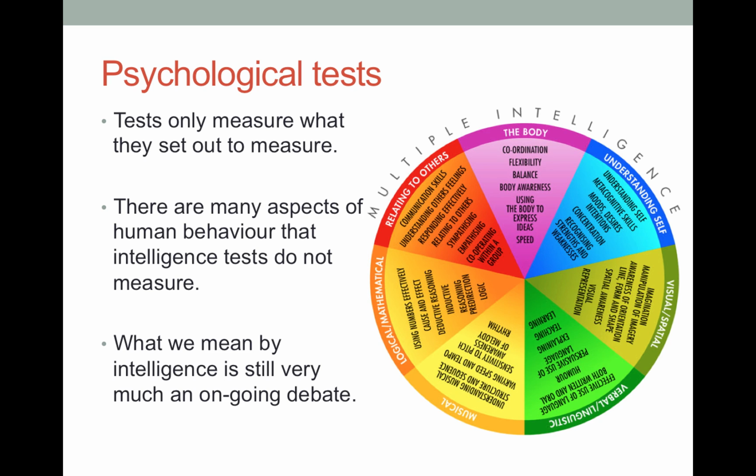For example, Howard Gardner introduced his theory of multiple intelligences. According to Gardner's theory of multiple intelligences, each human being is capable of 7 relatively independent forms of information processing, with individuals differing from one another in the specific profile of intelligences that they exhibit.